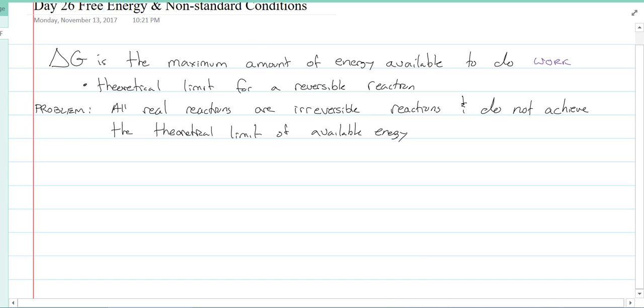Well, that's fun. Right, that's the second law of thermodynamics in a nutshell. We're just not going to reach the theoretical limit.